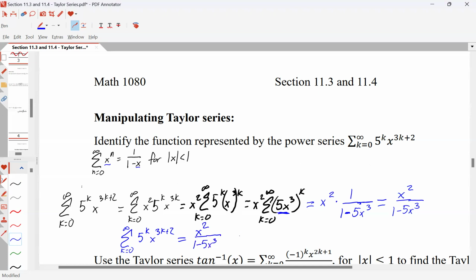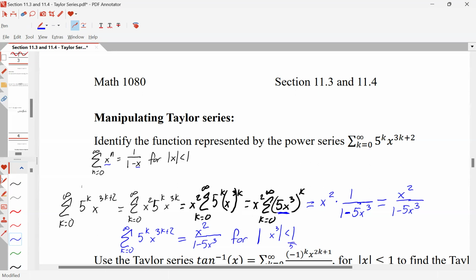It doesn't ask us for the interval of convergence, but to find that, we would take the absolute value of 5x^3 and set that less than 1, which would also mean x^3 is less than 1/5.